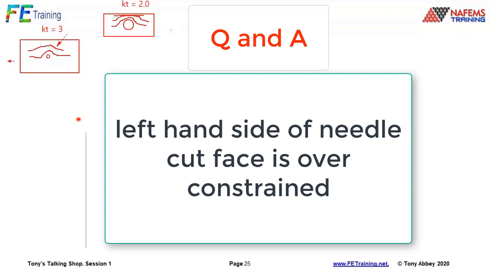What happened is that I sometimes describe this as elephant's footing. I'll explain that. That left-hand end, as you say, is over-constrained, and I made that point in the slides, because I'm locking down the constraints in that region. I'm not allowing Poisson's ratio effect to contract the cross-section, which it would do naturally if this is actually sitting at a point down the shaft or the needle.